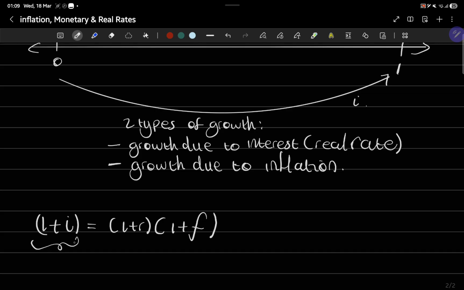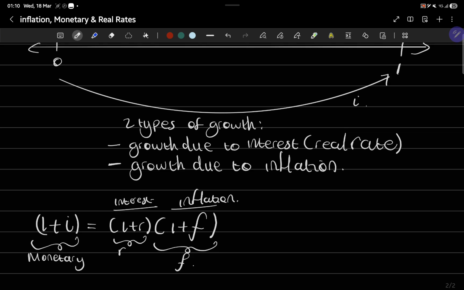So this monetary accumulation factor is the product of the accumulation factor due to the real interest and the accumulation factor due to inflation. In other words, this monetary accumulation factor accounts for both interest and inflation. This is why we accumulate monetary cash flows using this value, because monetary cash flows have inflation in them.